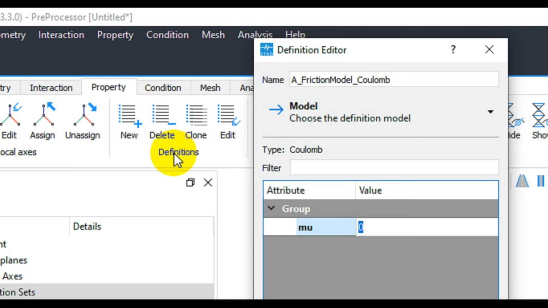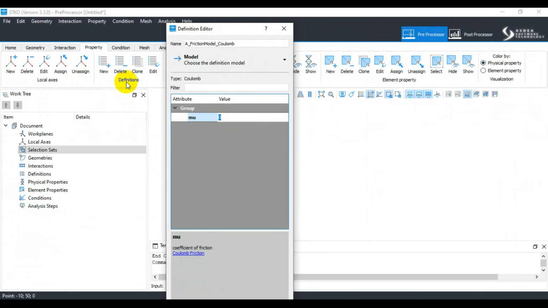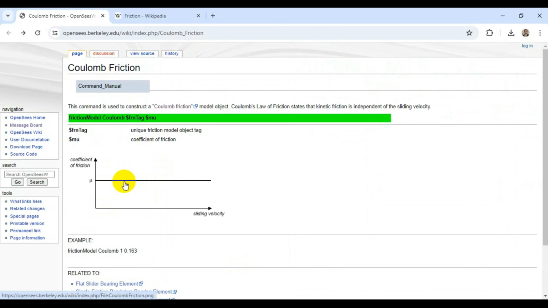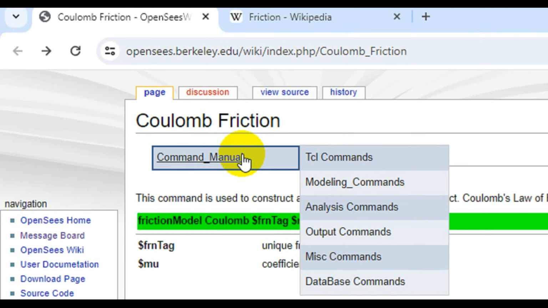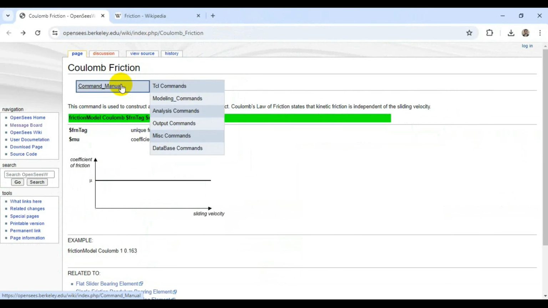When we talk about OpenSees, the friction Coulomb model sets a relation between the coefficient of friction and the sliding velocity, which is given in the OpenSees documentation as well. You can find the details here.